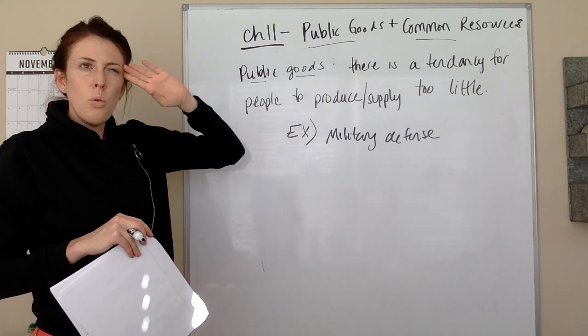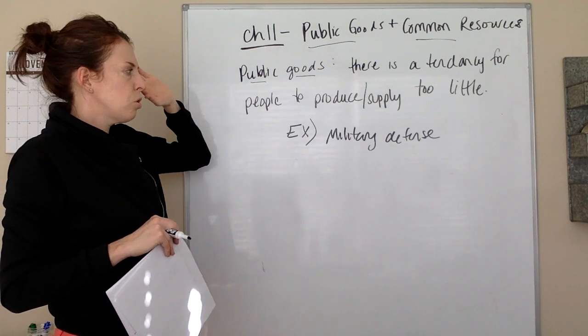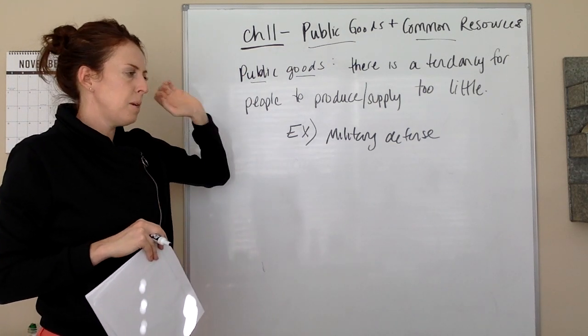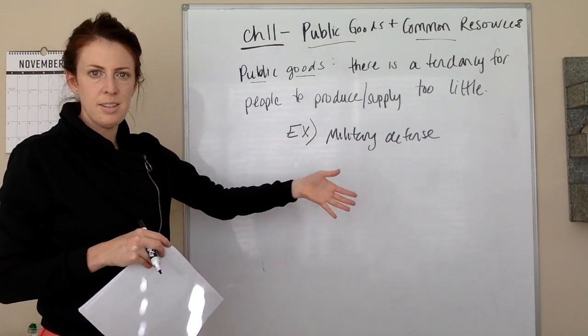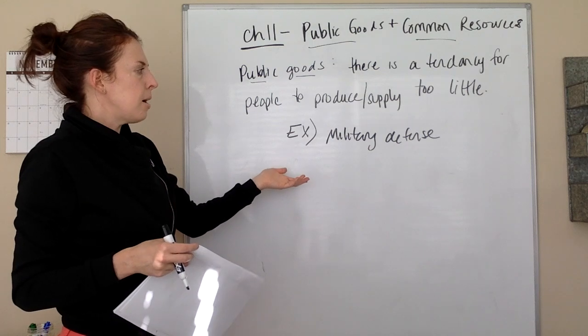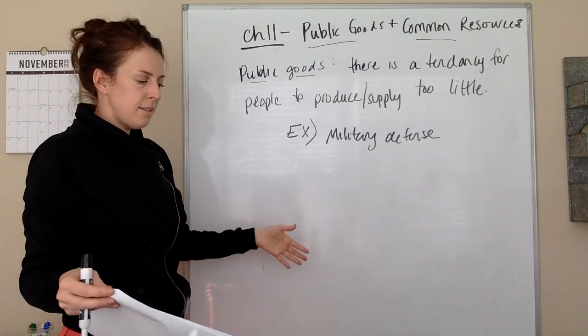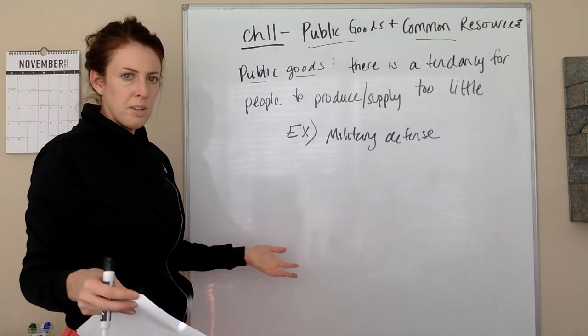Okay, so think about what this would look like. Suppose you are given a piece of land and you are allowed to start your own country in this territory. Your piece of land is unprotected, so you need some kind of military.